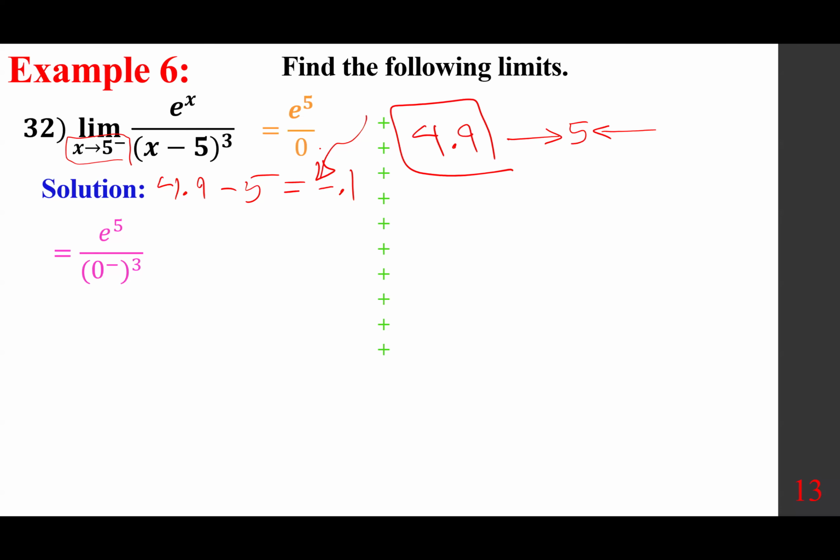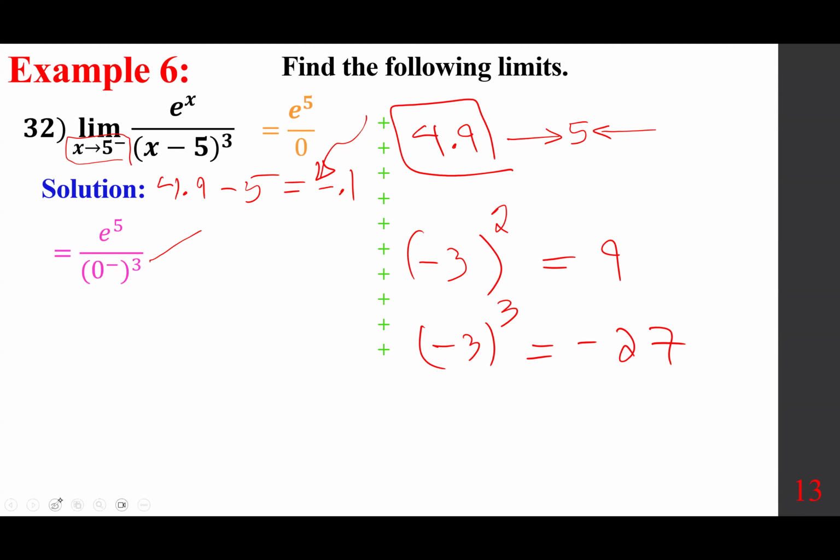Now, what happens when you raise a number to a power? If you have, let's say, negative 3, and you raise it to an even power, it becomes positive 9. But if you raise it to an odd power, it remains negative.